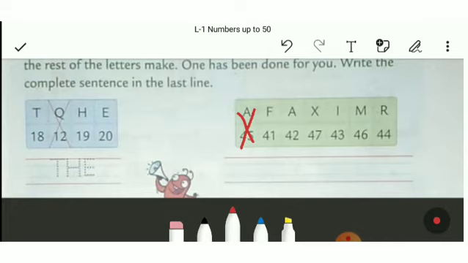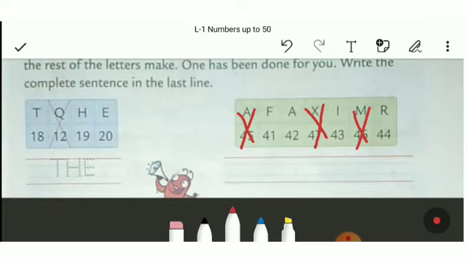Then 41, 42, cross 47, 43 in the order now. 41, 42, 43, 46 is not in the order. Cross it. 44 is in the order. So our order is 41, 42, 43, 44. And see which letters are given on these numbers.